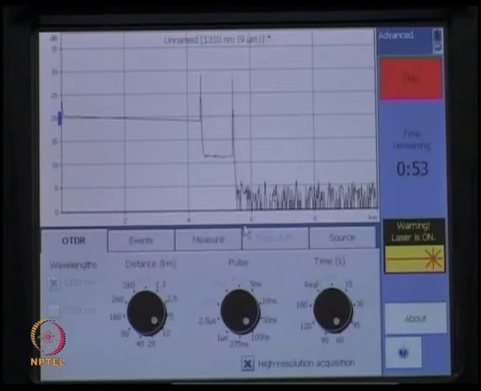So, initially you see a lot of noise, and after more and more data is acquired, because of integration the signal to noise ratio improves and the noise goes down.